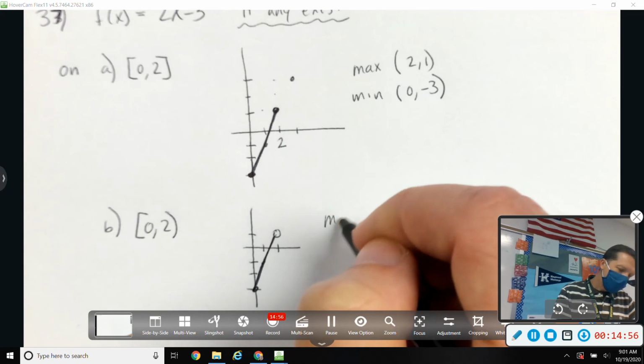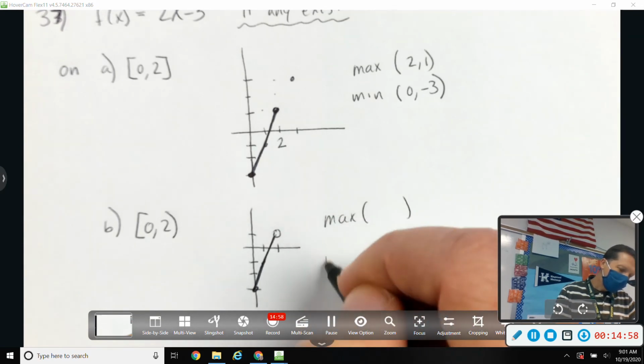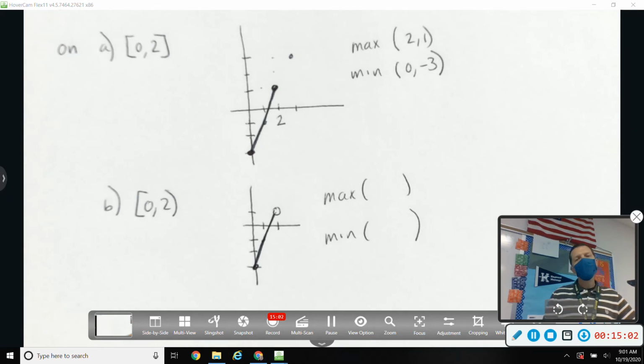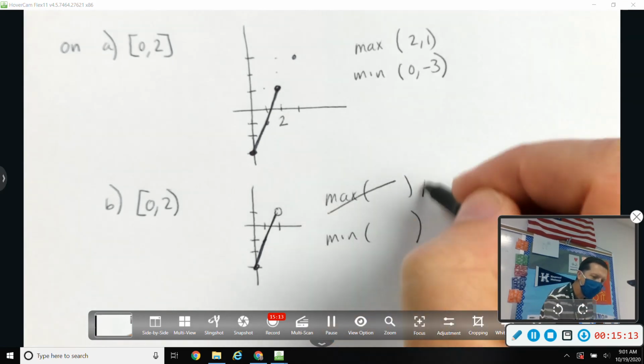So max, min, except, what's the problem here? There is no max, because I don't ever get to (2, 1). There is no maximum.